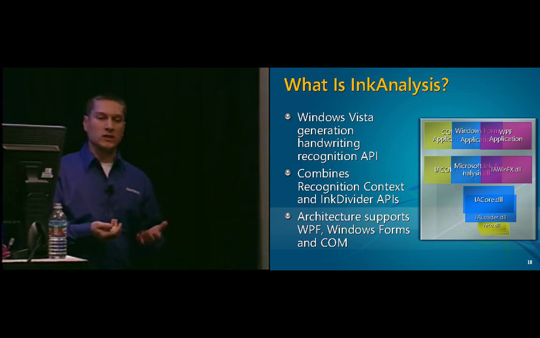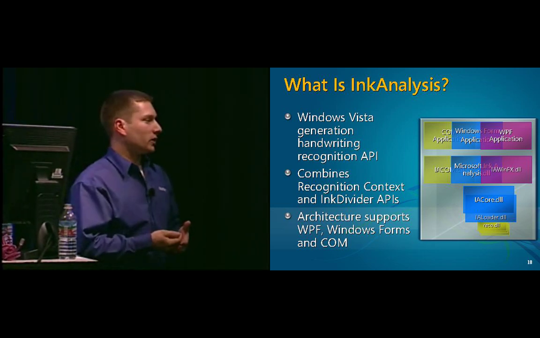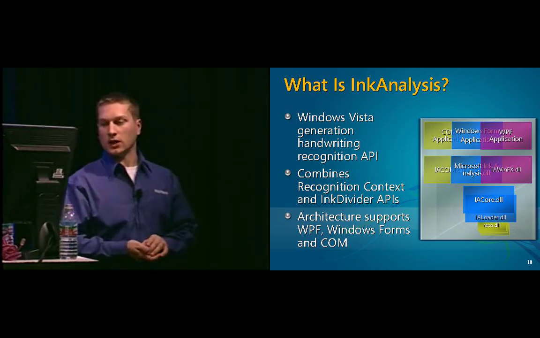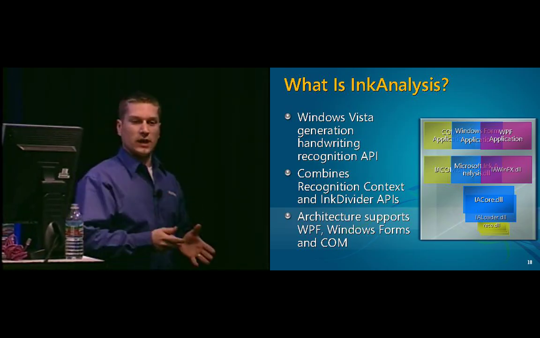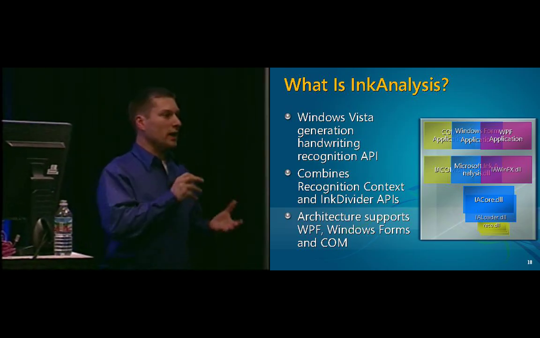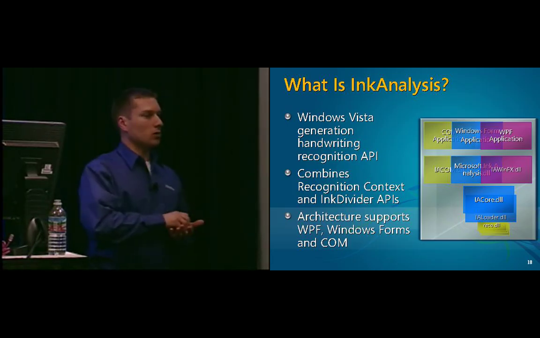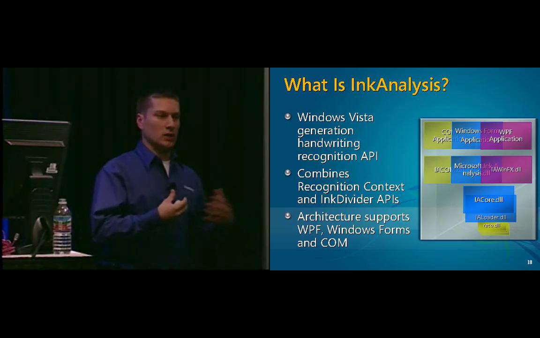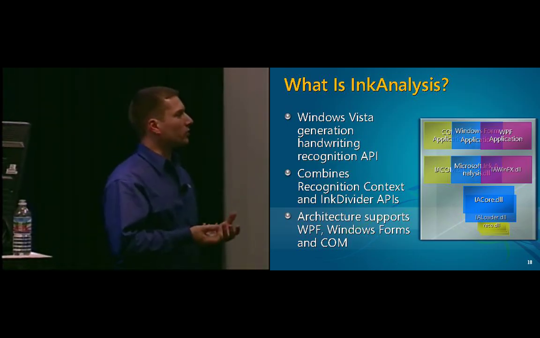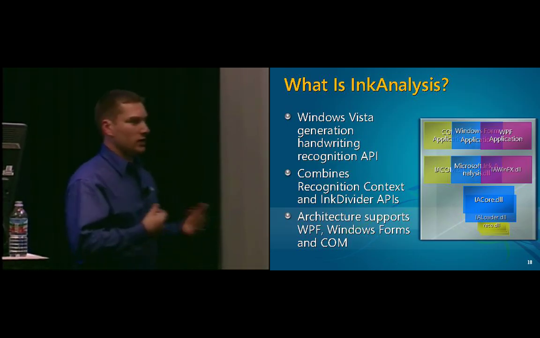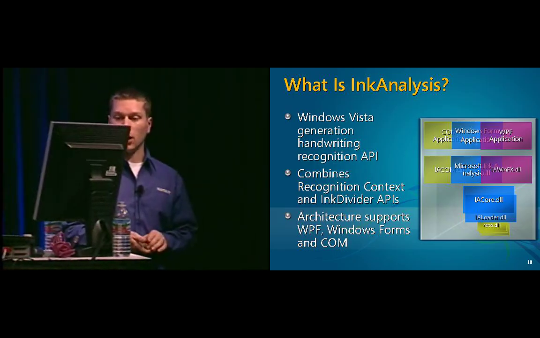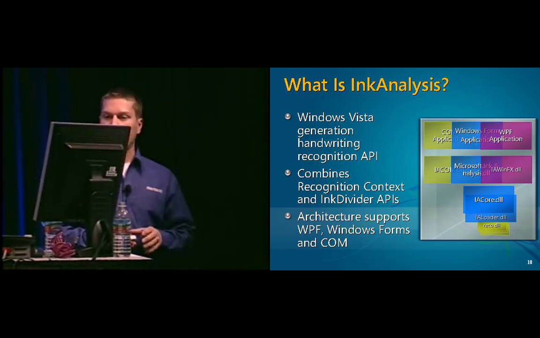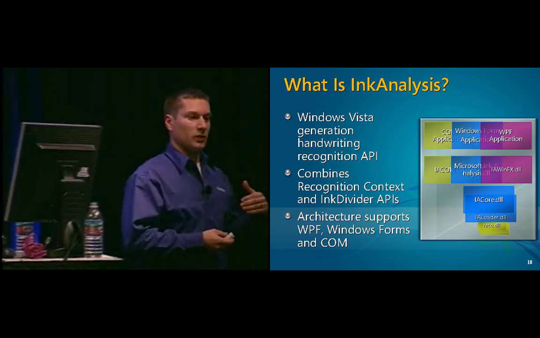One of our internal clients, OneNote, is an unmanaged application, and they wanted to make use of this technology as well. So the way we architected this was by first creating a core DLL, and this happens to be a managed DLL. It doesn't depend on any of the Avalon types or Windows Forms types, but does depend on the 1.0 CLR. And then on top of that, we simply created a COM interop layer.